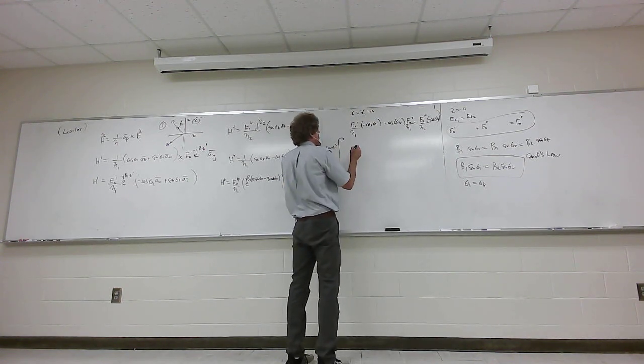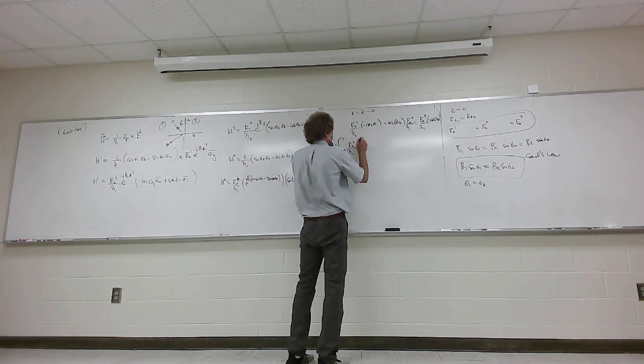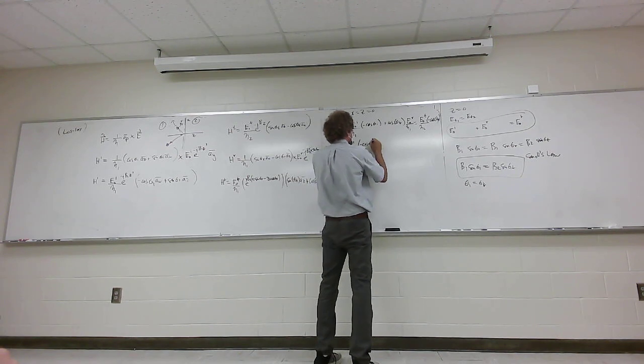I'll try to do it right here. I'm going to have E naught incident right here over a to 1. And that's going to be minus cosine of theta incident right there.